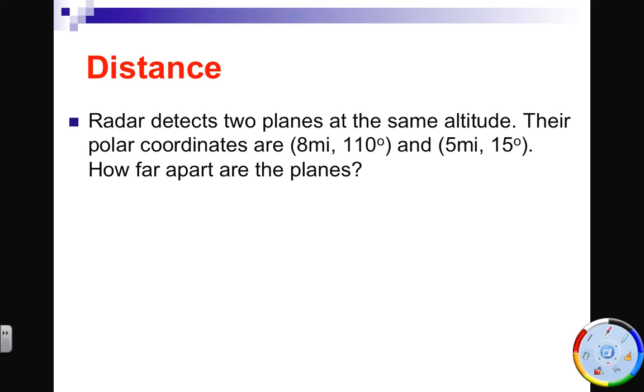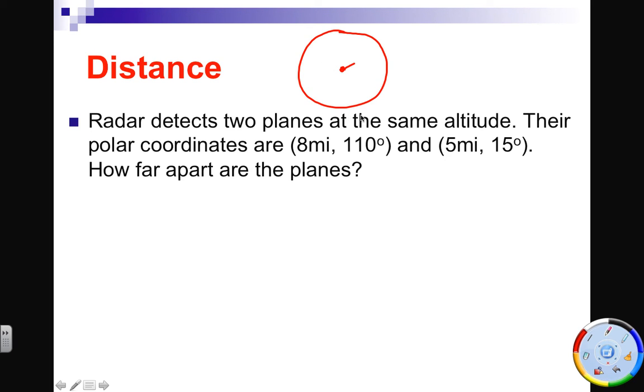All right, last problem for this video. Radar detects two planes at the same altitude. Their polar coordinates are 8 miles, 110 degrees, and 5 miles, 15 degrees. If you've ever watched movies and they have this big circle and this little dot in the middle and then the sweeping line, the radar.